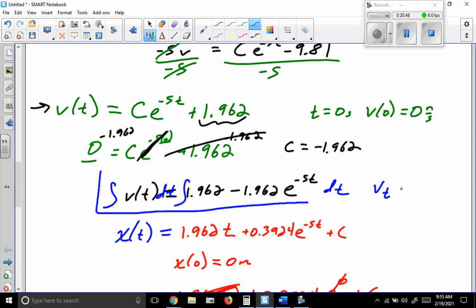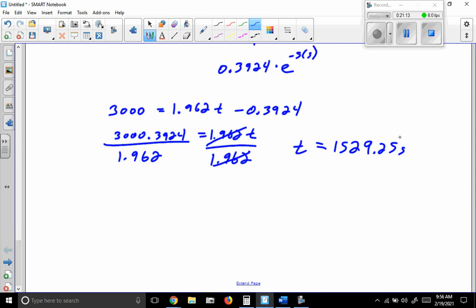So we could call that v terminal, about 1.962 meters per second. Well, it's not falling that fast the entire time, but if you think about if that's the fastest it goes and it's falling 3,000 meters, it's going to take it a while for it to get to the ground. So yeah, that does make a little bit more sense on why our time is so large.